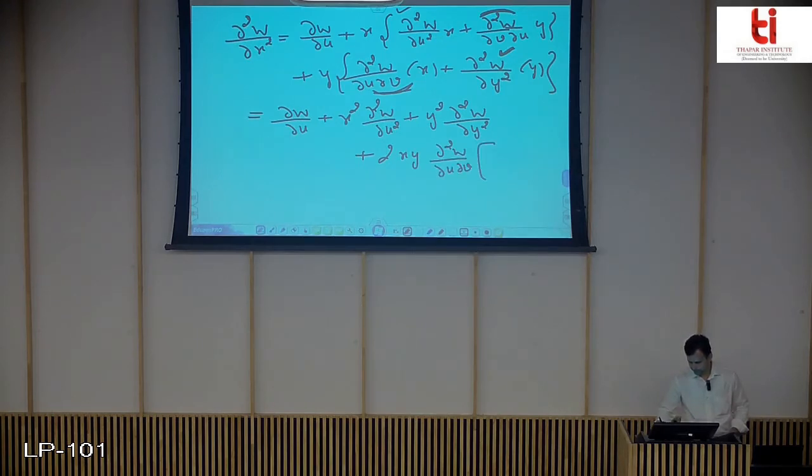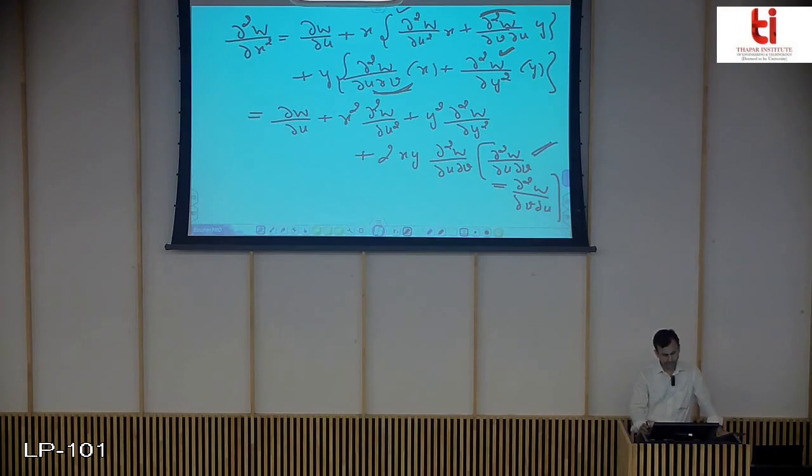Why? Because by Euler's mixed derivative theorem, this is always equal to this one. So this is Euler's mixed derivative theorem that we did yesterday. So this is the form of your second derivative of w with respect to x, and this is the equation number 8.